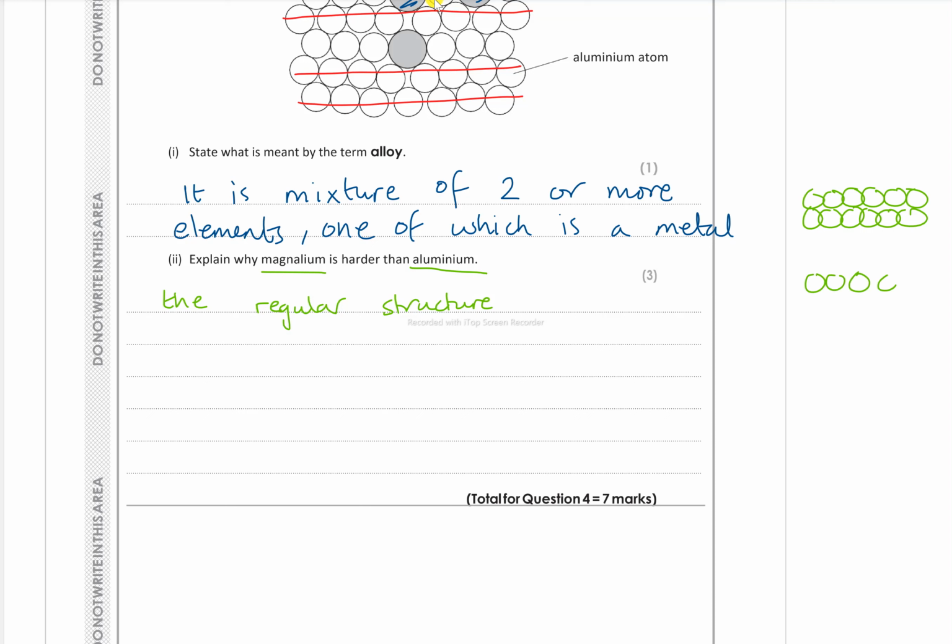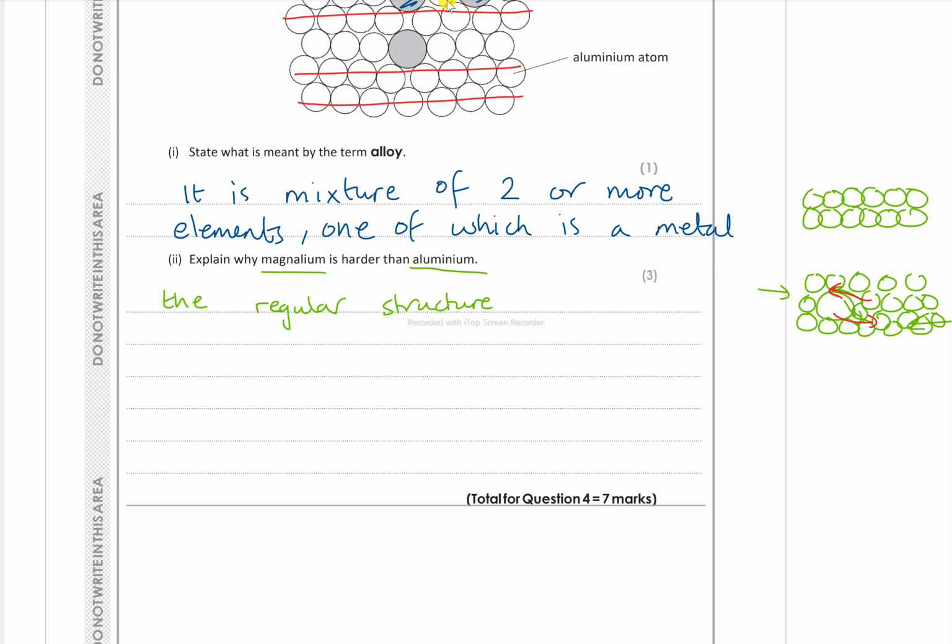Now it looks like this. So it's not quite what it used to be. If you apply a force that way and a force that way, it's harder for these to slide over this big one and this big one to slide over that.